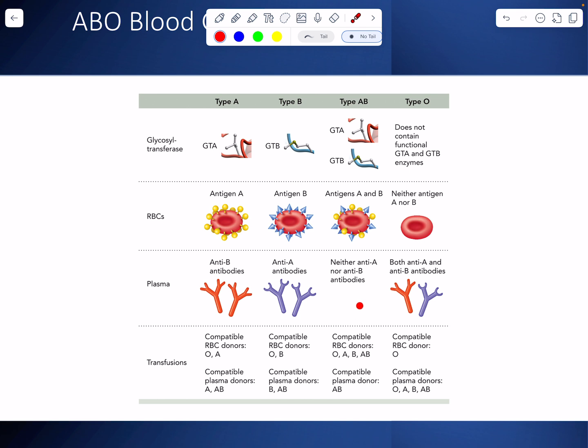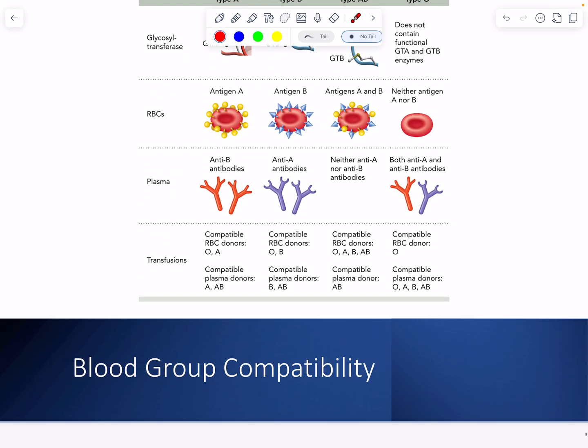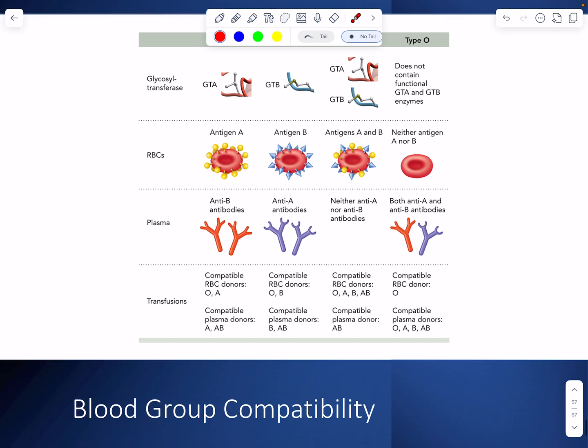And plasma is like the cell-free portion of blood, so they don't have any antibodies to my A, so I can do that. And the reason they don't have any antibodies to A is because they've got A, right? So that's how blood typing works, and that's where we're going to stop for our coverage of glycoconjugates. So that's it.